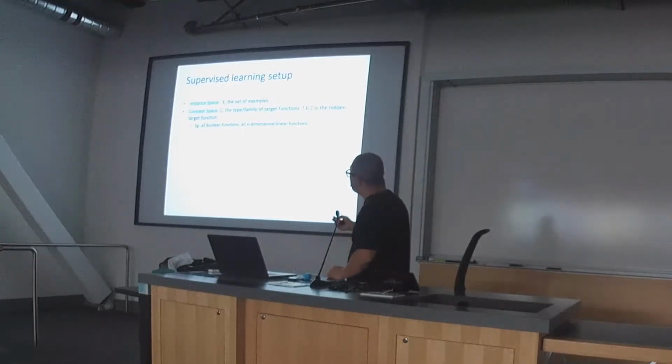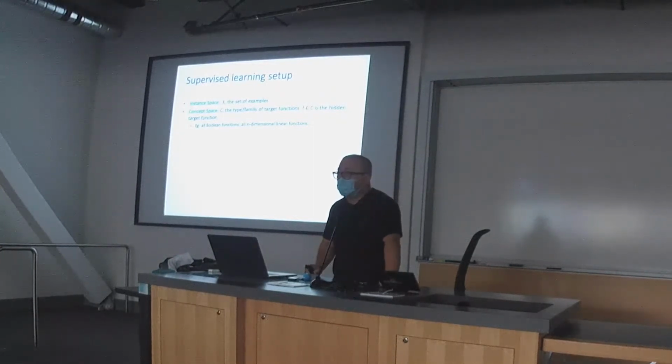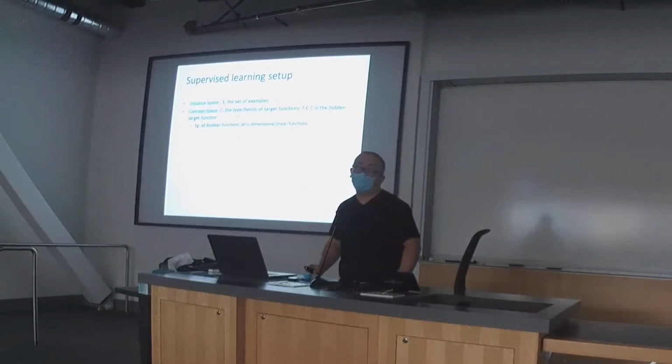Suppose your target function is a third-order polynomial, then your concept space might be all the polynomials. And suppose your target function is a particular linear function, then your concept space will be the collection of all the linear functions. It just indicates the type of the target function.